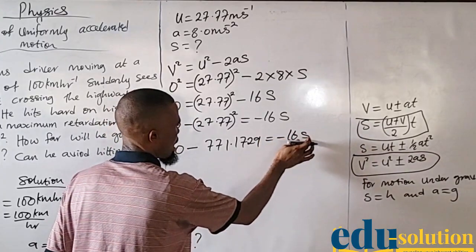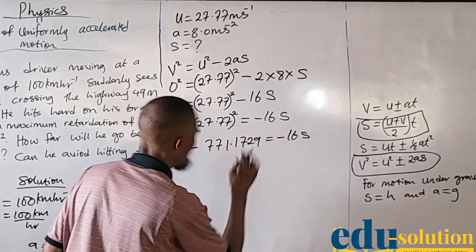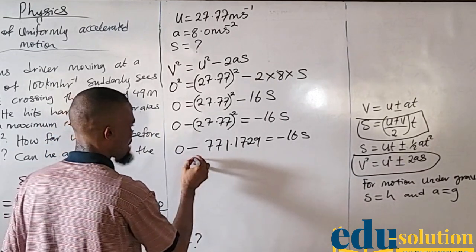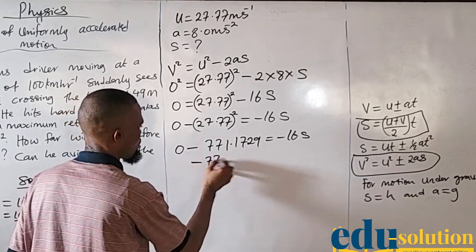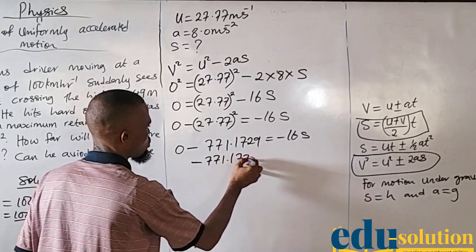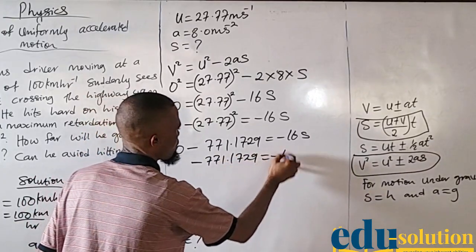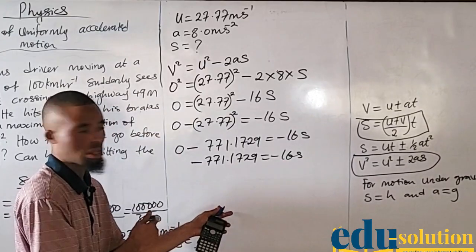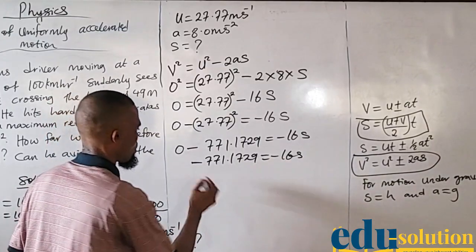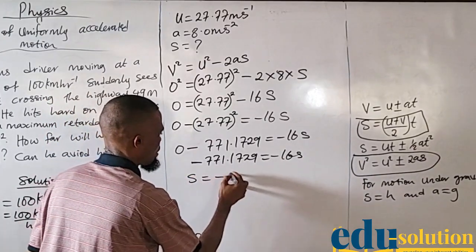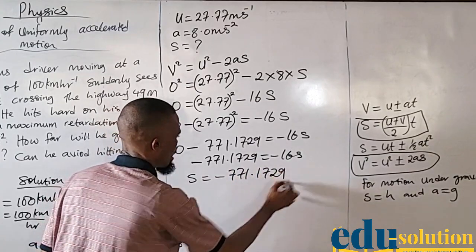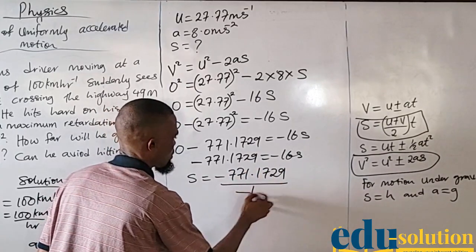Don't forget, this x is the distance that we're looking for. So 0 minus this. Anything 0 minus anything is minus that thing. So we have minus 771.1729 equal to minus 16x. If I make x the subject of the formula from here, I will have to divide both sides by minus 16. So I have x is equal to minus 771.1729 over minus 16.